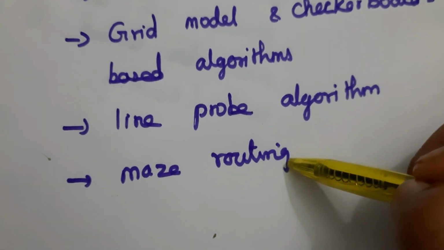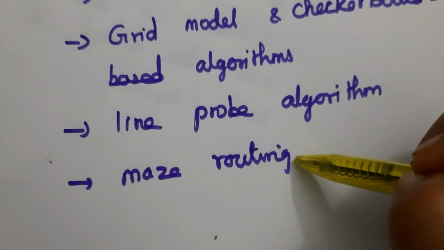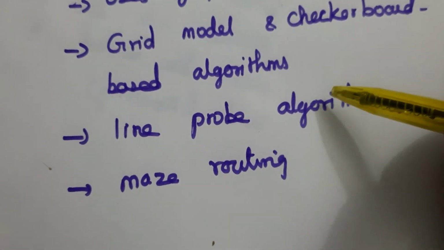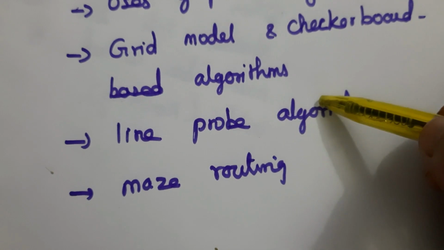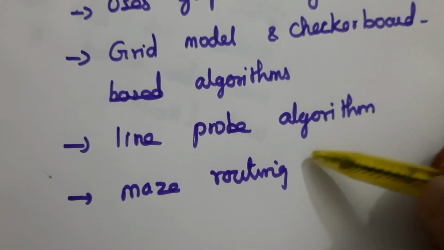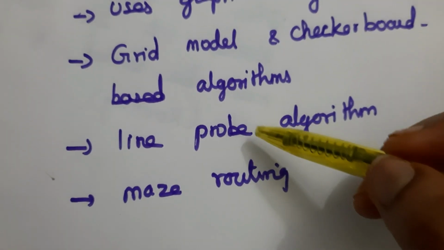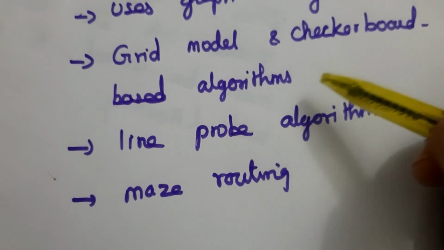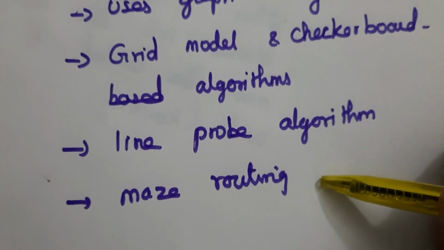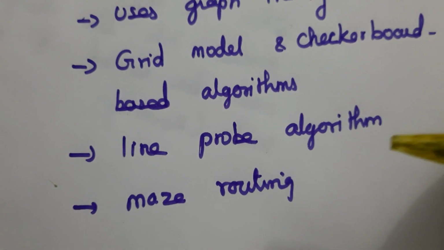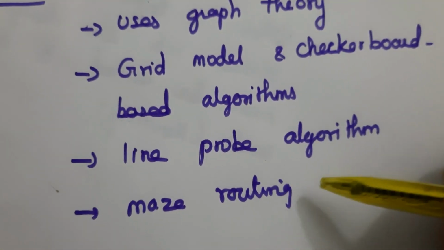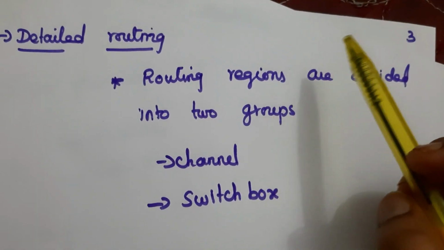Maze routing starts by examining the possible paths from the source. From the source side, how many possible paths are available to reach the destination. First it checks the possible paths from the source and then expands outward towards the target. Once it reaches the target, it terminates the routing process.